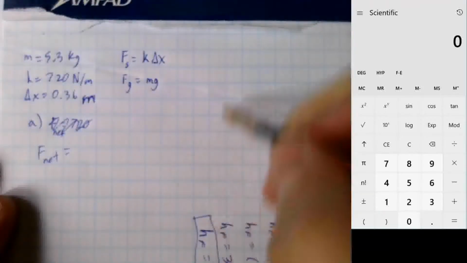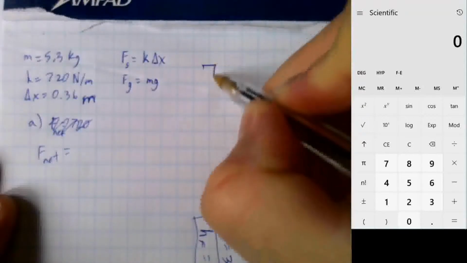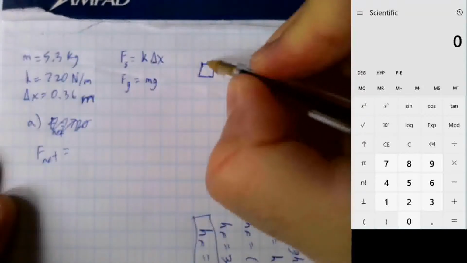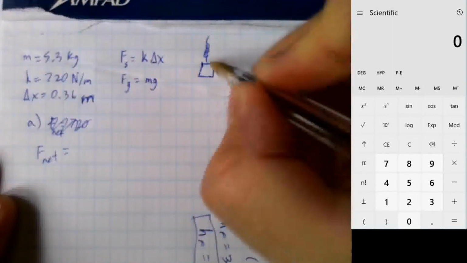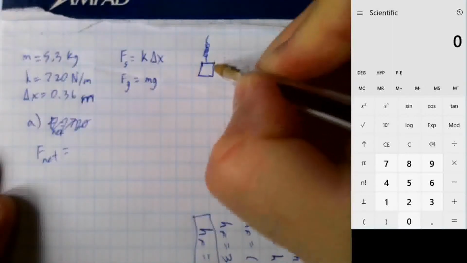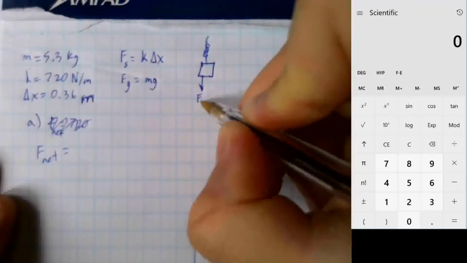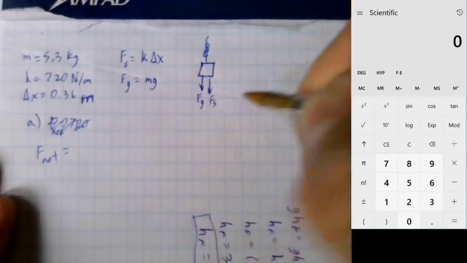F net, the net force acting on the spring. If we look at the free body diagram, here's our object, there's our spring. You don't necessarily have to draw that, but our force of gravity and our Fs are acting in the same direction.